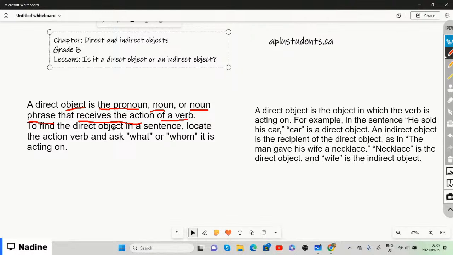And remember, the verb is something that you do, it's the action. Which means the pronoun, noun, or noun phrase that receives this action is the same as saying it's a person, a thing, or an animal that receives this action.